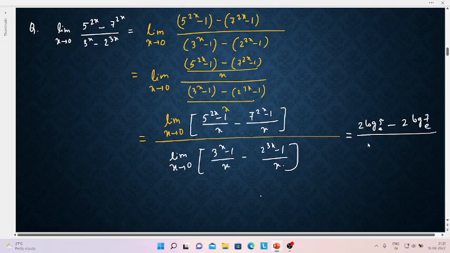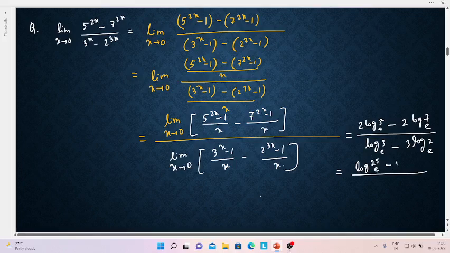Similarly, the denominator will become log 3 base e minus 3 log 2 base e, right? So the numerator can be written as log 5 squared, because 2 is there, so that becomes log 25 base e minus log 49 base e, and the denominator can be written as log 3 base e minus log 2 cubed, which is log 8 base e.